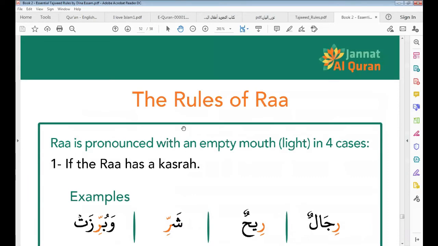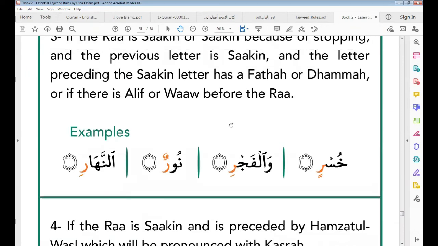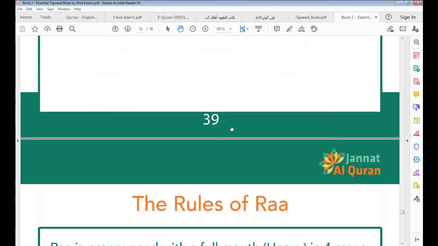I know the ra is heavy and it's full of rules, but it's very easy when you apply the rules. The main rules: if it has dhamma or fatha, it will always be heavy. If it has sukoon and the letter before it has dhamma or fatha, it will be heavy.